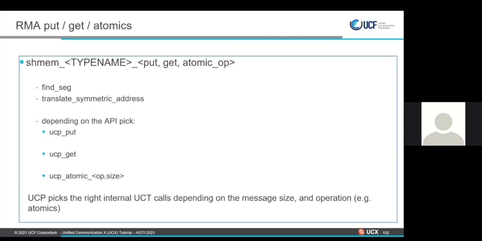And depending on the type of operation, we can pick a UCP put, UCP get, or UCP atomic operation, and the size.